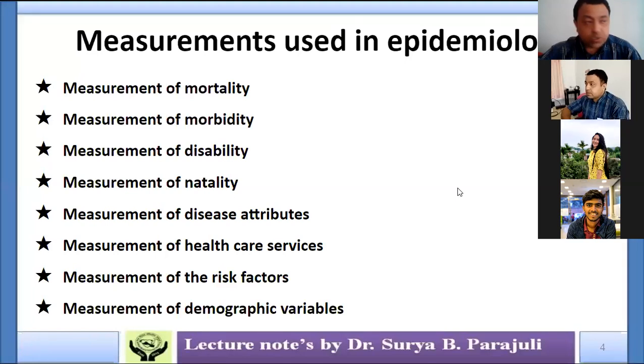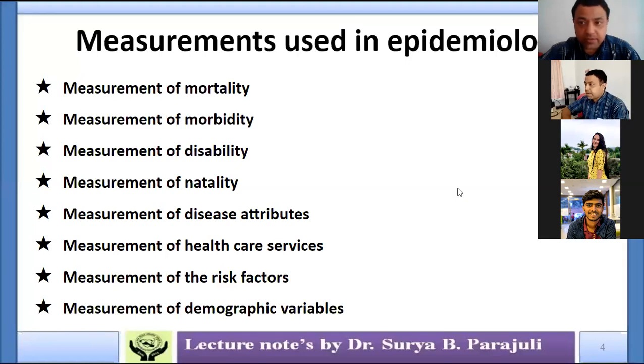Frequency means incidence and prevalence: incidence for acute disease, prevalence for chronic disease, ideally, but there are many variations. Another one is distribution according to time, place, and person. And the third one is determinants, the factors responsible for a particular disease.